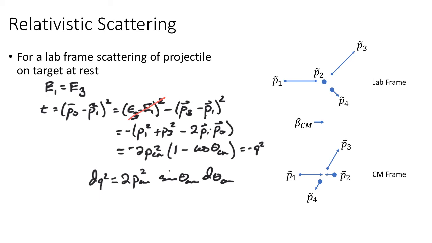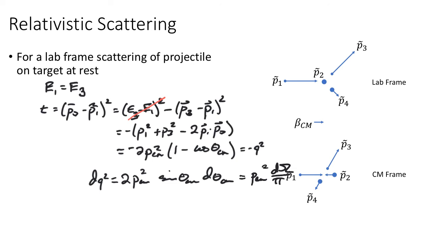And if we further combine that, we can relate the d theta CM to a solid angle and say that this is equal to the momentum in the center of mass squared d omega over pi. We've integrated over 2 pi to do that.